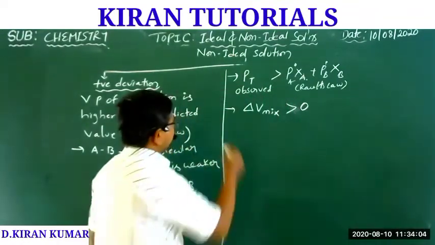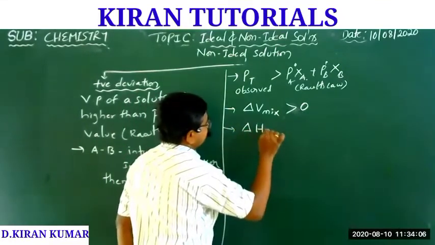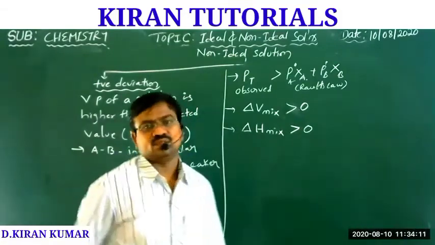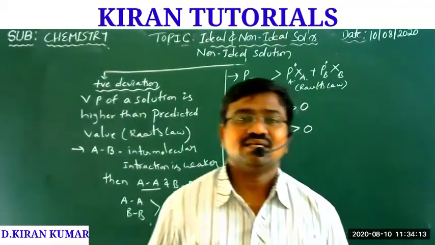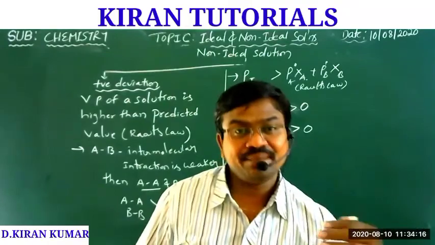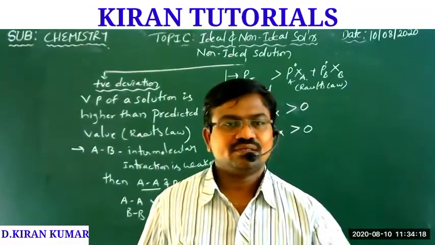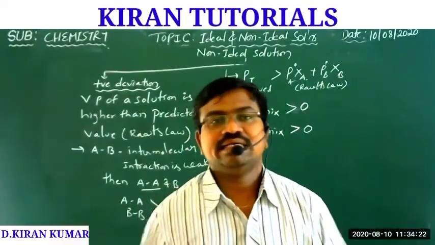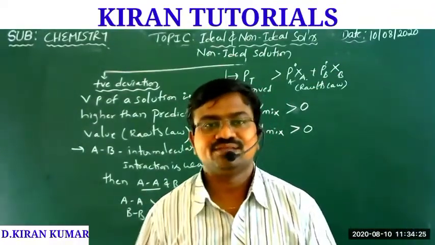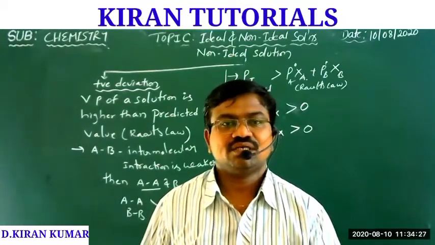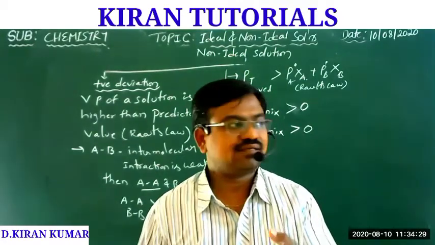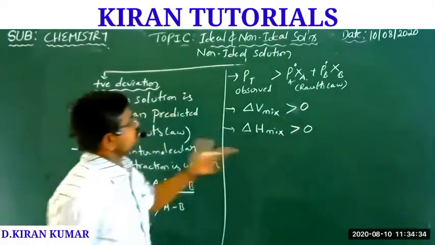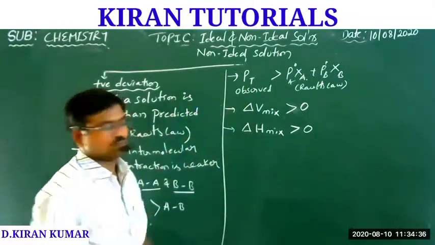And then what about delta H mix? It is also greater than 0, because A-A and B-B will absorb more energy, more heat than A-B. So delta H is greater than 0. Clear? So that's about the points for positive deviation.